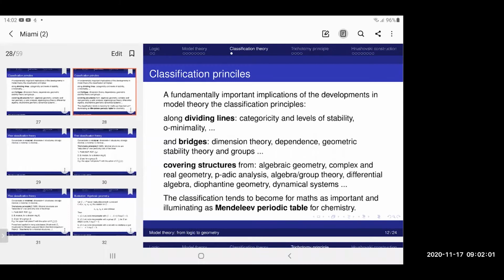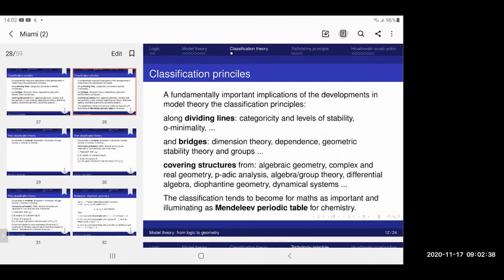Yeah, thank you. So we are on the last slide that we finished last time, we finished yesterday, and I also showed you an online classification site that to me looks a little bit like a kind of Mendeleev periodic table for mathematical structures.